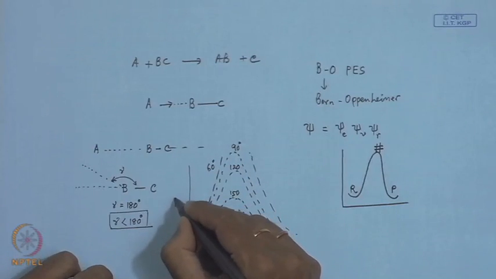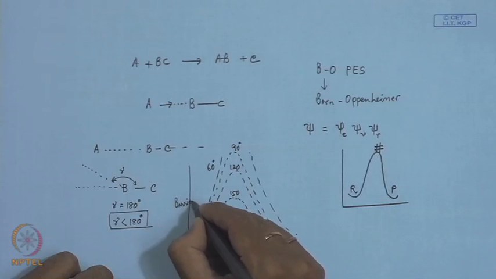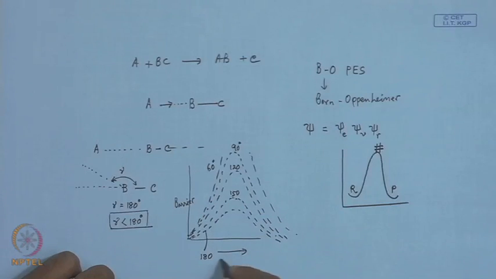This is the barrier height, and this is the progress of reaction. So the angle of approach is an important factor. If you change the angle from the optimal value, then the barrier height gets altered.